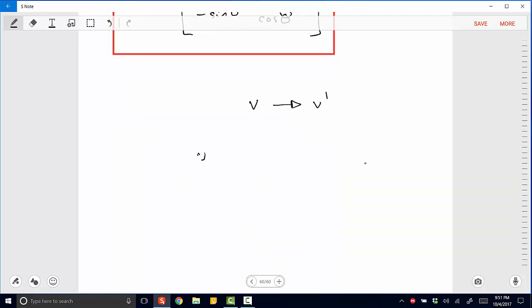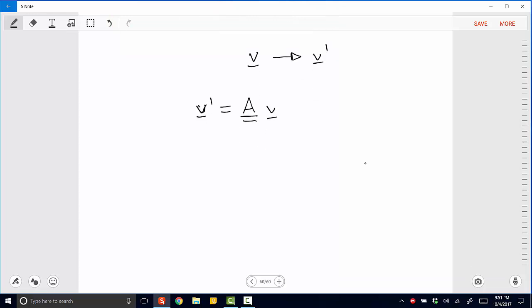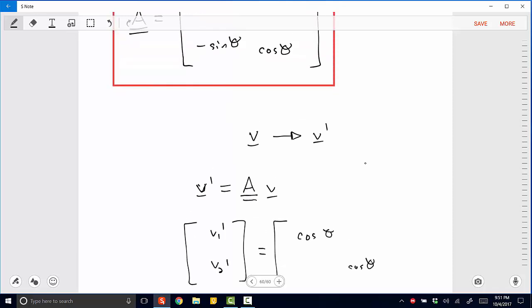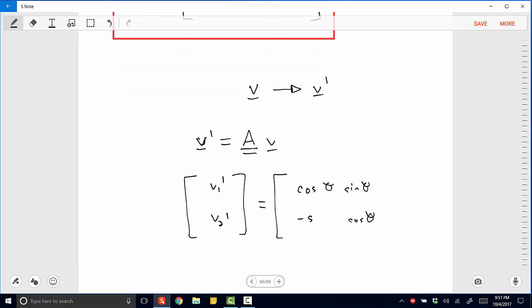Then v prime is simply equal to A times v, or v1 prime, v2 prime is equal to our transformation tensor, cosine theta, sine theta, negative sine theta, cosine theta, times v1, v2.